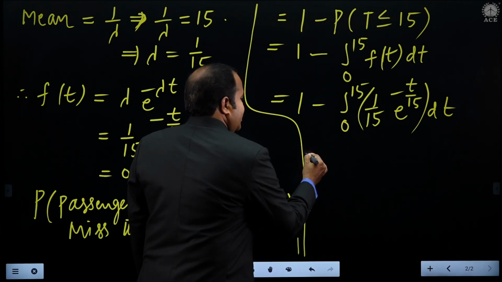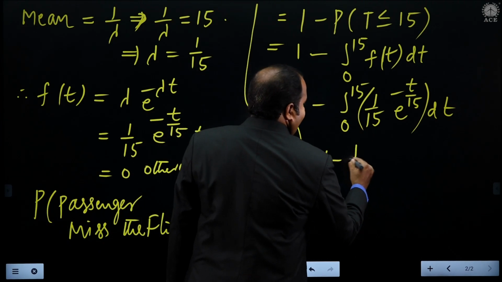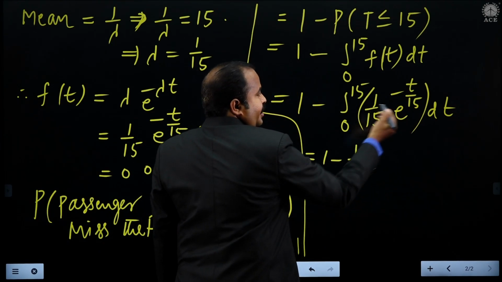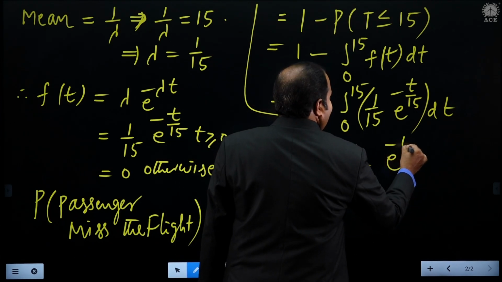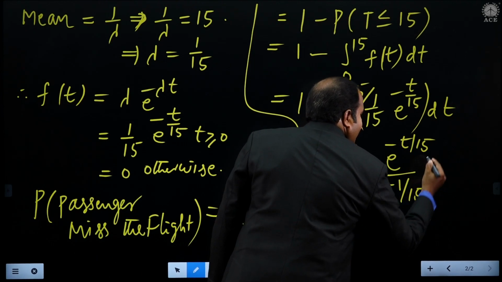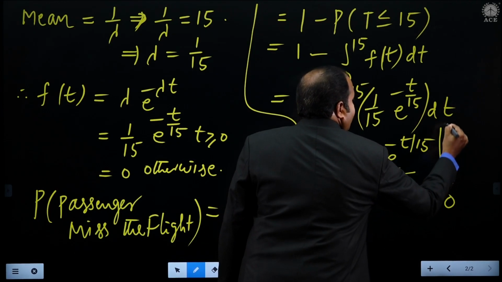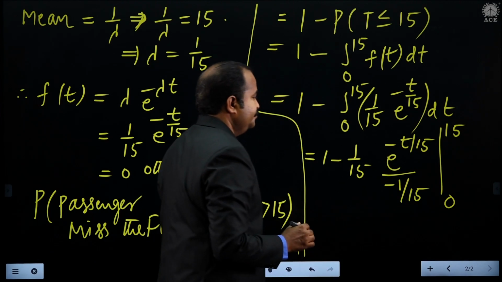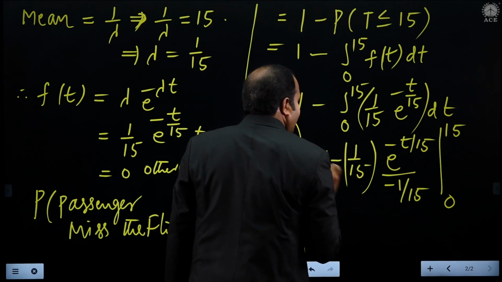right? So this is equivalent to 1 minus 1 by 15 constant. The integral of this is e raised to minus t by 15 by minus 1 by 15 between the limits 0 to 15 only, right?